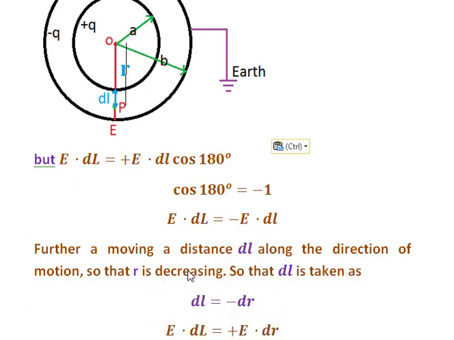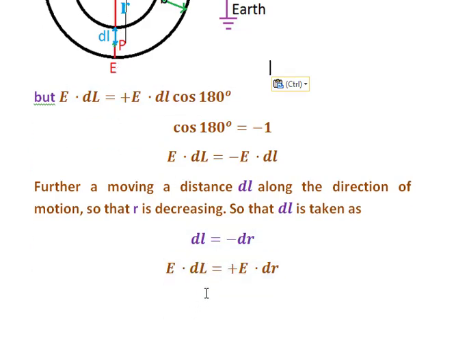Further, on moving a distance dl along this direction of motion, the r value is decreasing. So dl is taken as dl equal to minus dr. Suppose we are moving towards this.